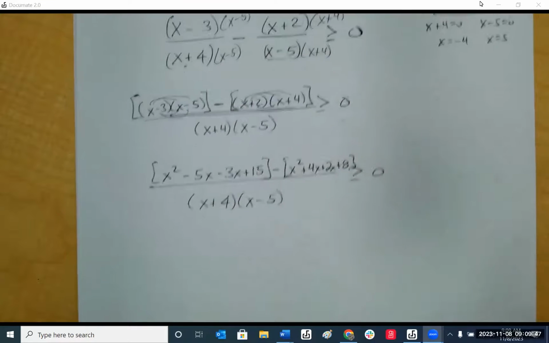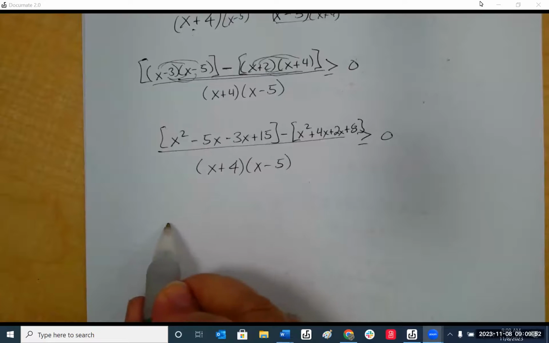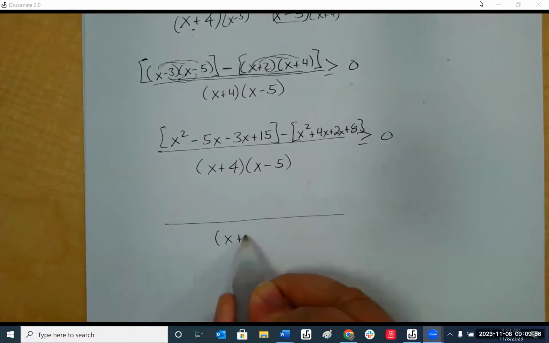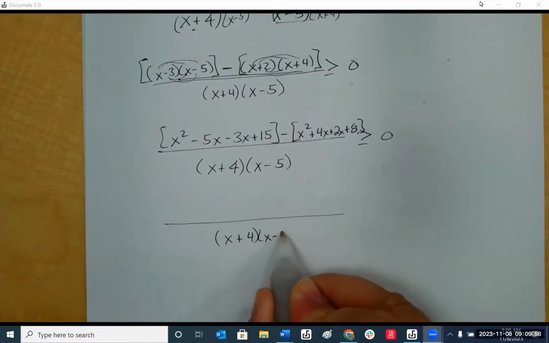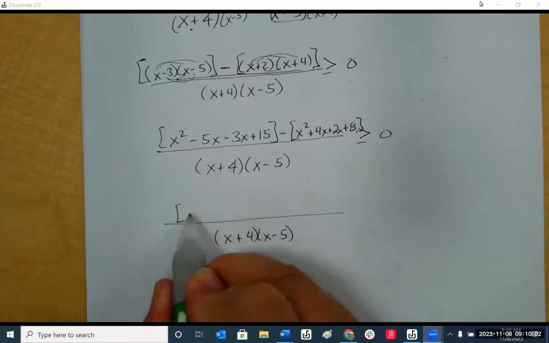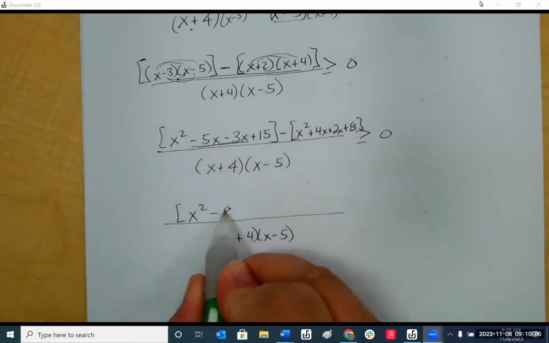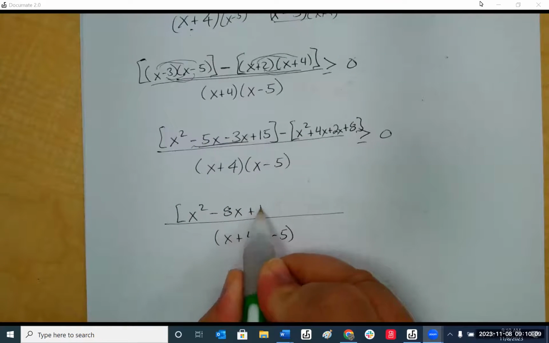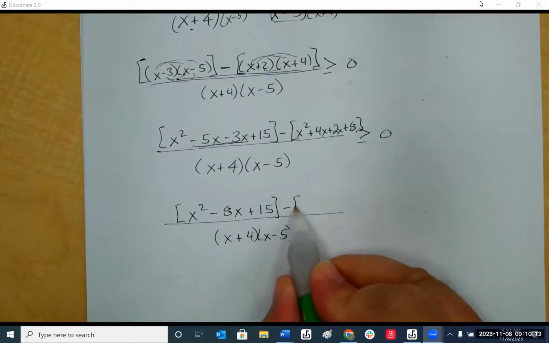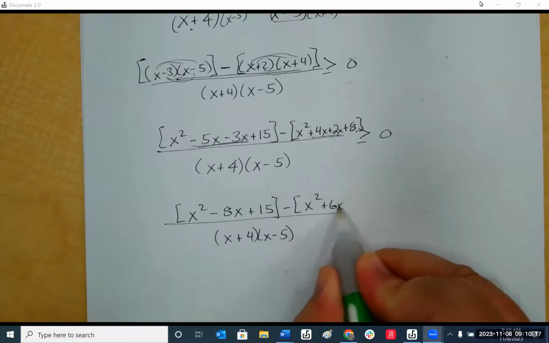Plus 8. Combine the middle terms, so it's minus 8x, plus 6x.